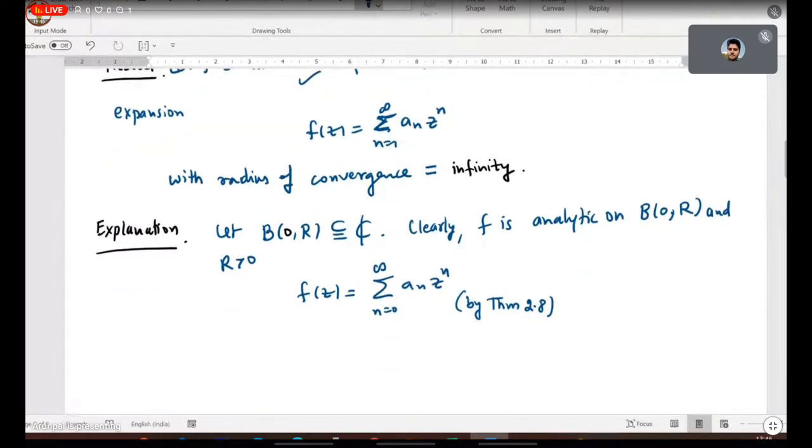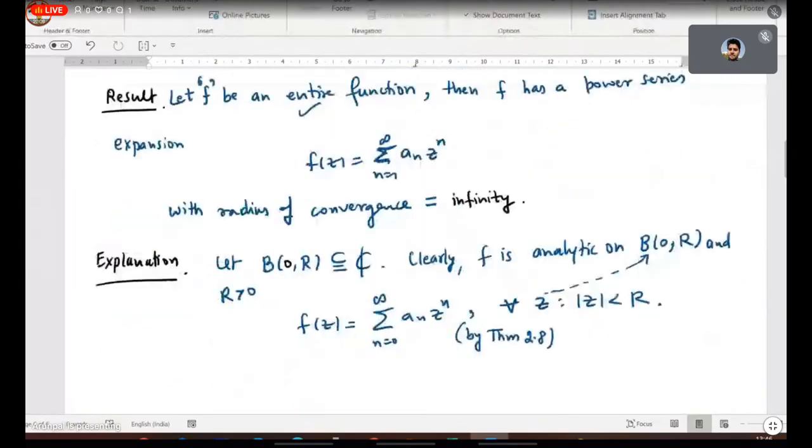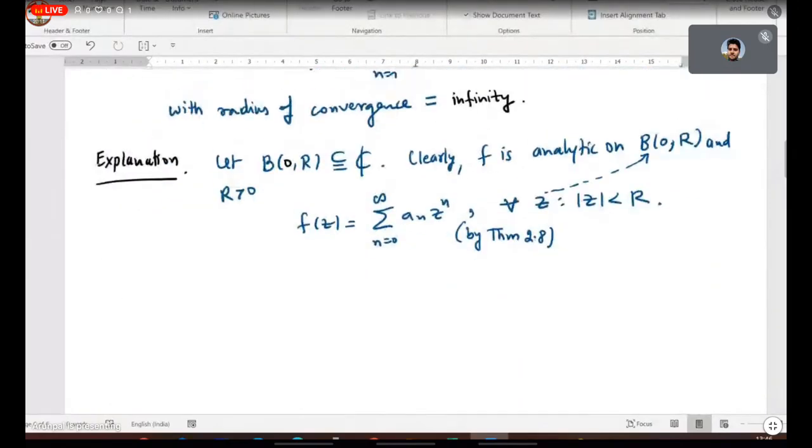In fact, yesterday I did a corollary also, you can consider that also. And f(z) is equal to this, and this must hold for all z such that mod z is less than r. It means for all those z which are in this ball, for each one of such points, you must be able to write down this series expansion for f(z).